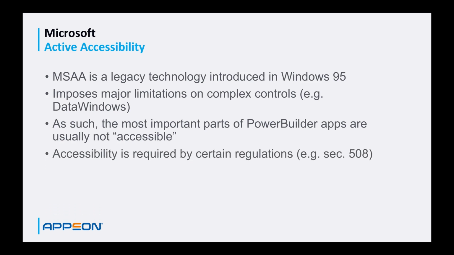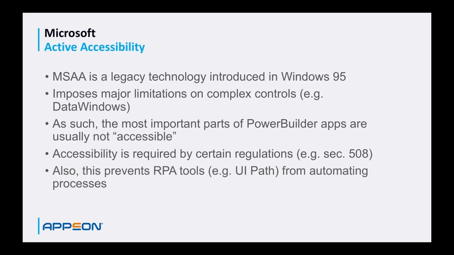Now, accessibility is required by certain regulations. For example, in the US federal government, there's something called Section 508 compliance, and your app has to be accessible. That's one of the requirements. But another use case that we've been seeing in recent years among our customers is they're using RPA tools, for example, UiPath.